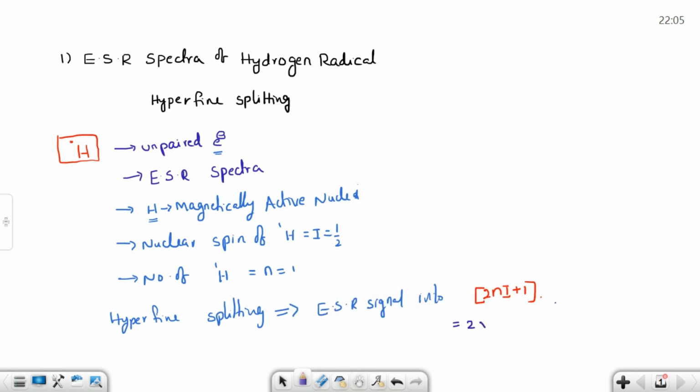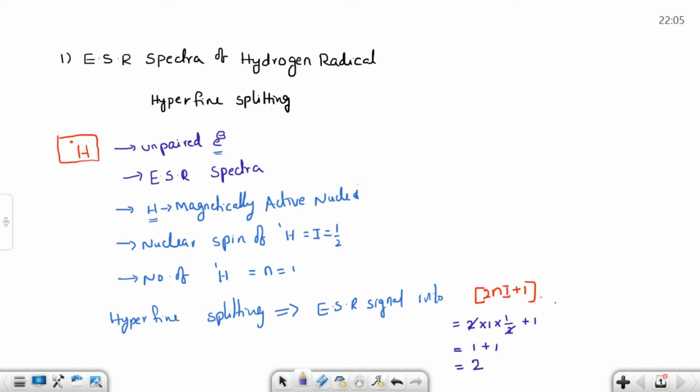So n is equal to 1 and I is equal to 1/2, giving 2 times 1 times 1/2 plus 1. So the 2 gets cancelled, and 1 plus 1 is equal to 2.